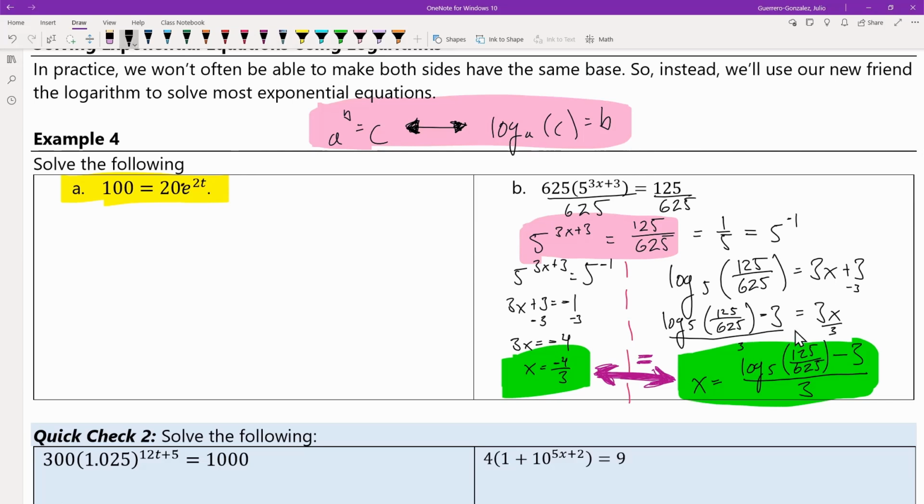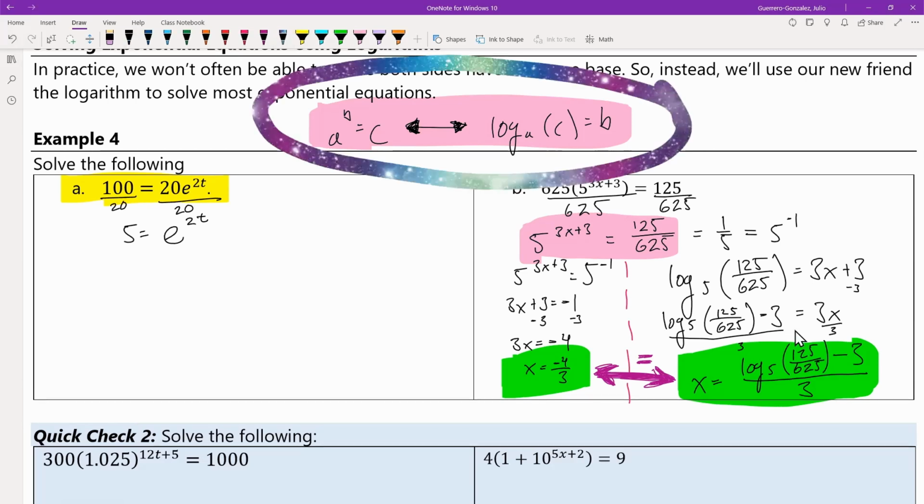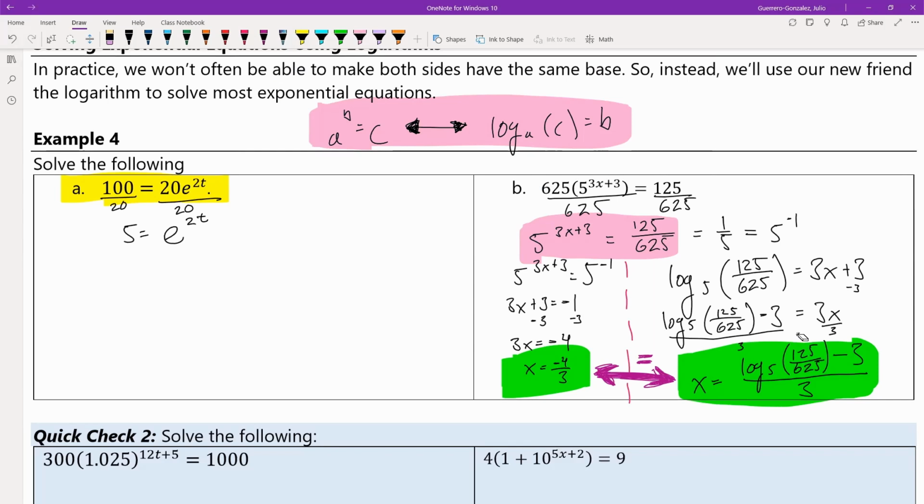So this is how we do it. There's still a multiplication between the 20 and the e to the 2t, so I'm going to divide by 20. 100 divided by 20 is 5, so we're left with 5 equals e to the 2t. This is where we use our boomstick. Notice we can turn the left-hand side into the equivalent right-hand side.